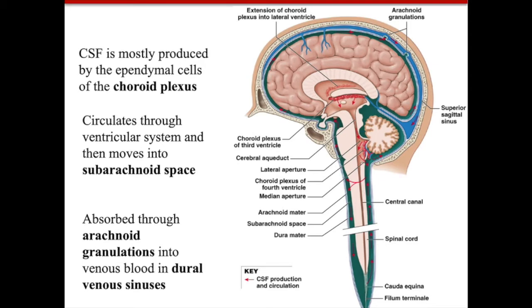From the arachnoid granulations, the cerebral spinal fluid will be absorbed into the blood, more specifically into the dural venous sinuses.